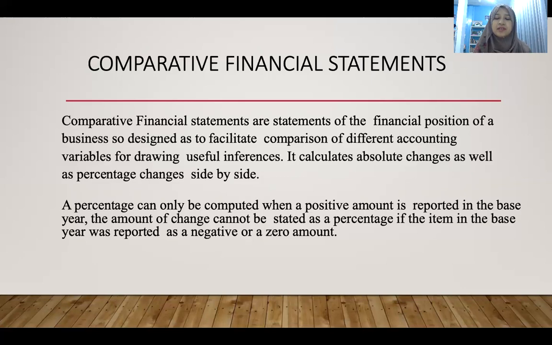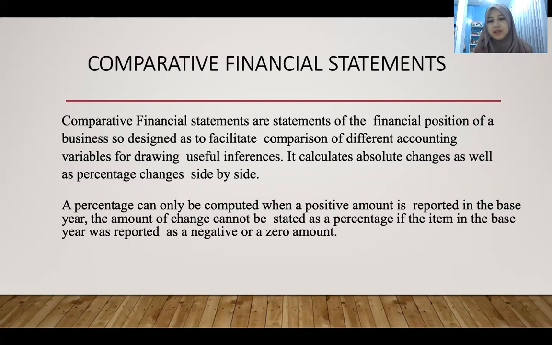And we also calculate the changes in terms of percentage and in terms of the absolute amount to see the change from one year to another. So the comparative financial statement would provide the calculated changes in terms of the nominal amount as well as percentage, presented side by side, to see the change between the periods.